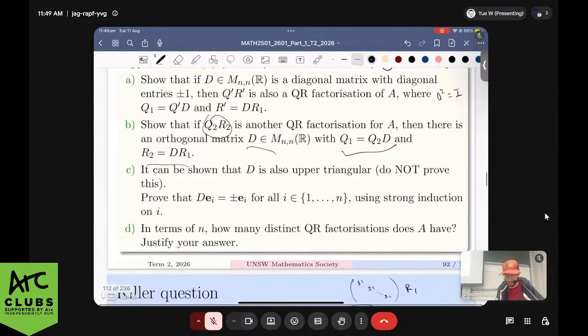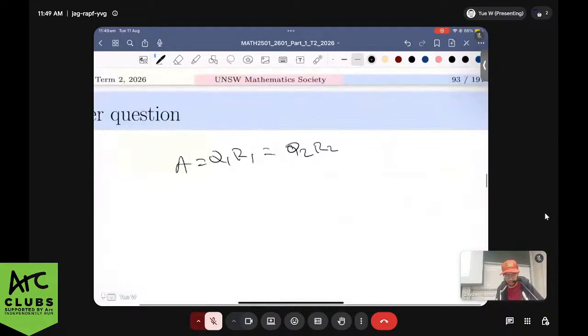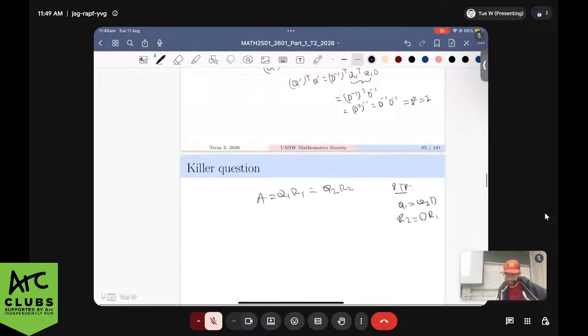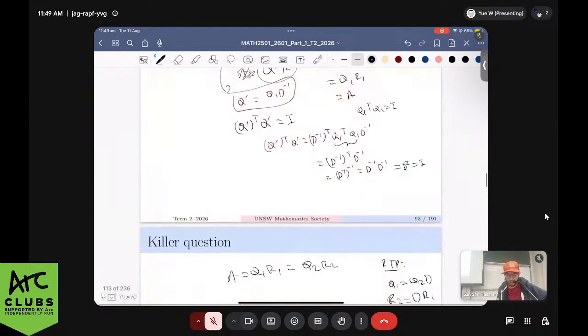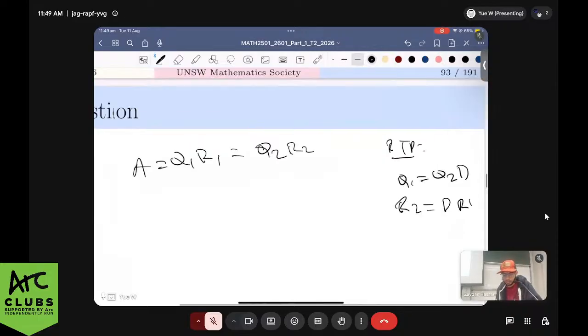Q1 equals Q2 D, and I think R2 equals D R1. This time they didn't say diagonal, they just said orthogonal matrix, which means D transpose D is the identity.